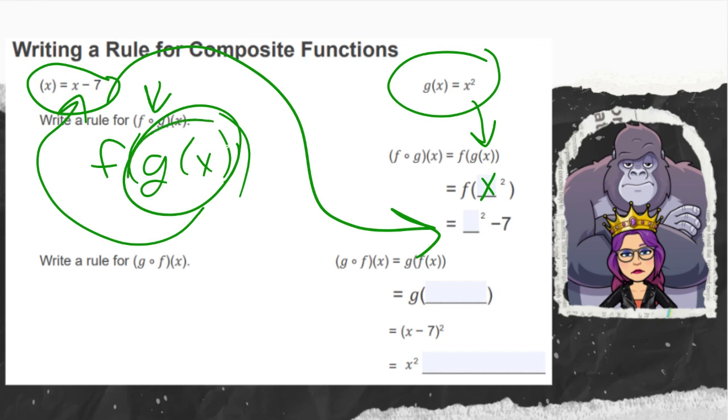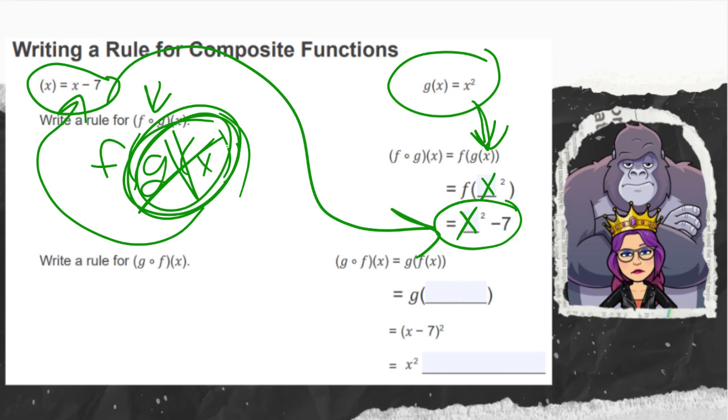That's what it means by this, because this g(x) is actually x. So we're going to take that and plug it in for x. So we're going to have x squared minus 7 as our composition function.